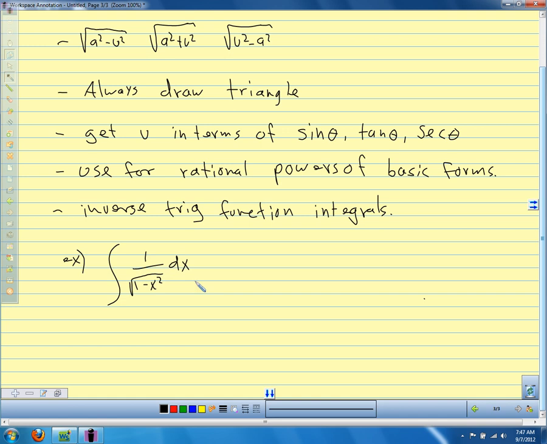If you forgot that this was inverse sine of x plus c, you can draw your triangle. So I'm going to draw my triangle here, put theta here, and I'm going to set my triangle up this way.